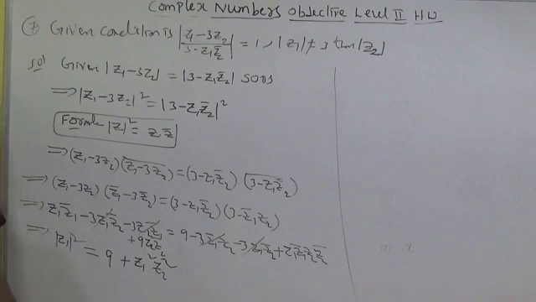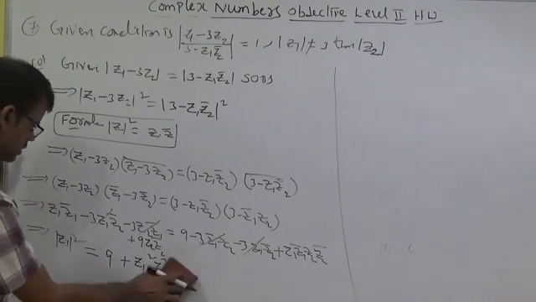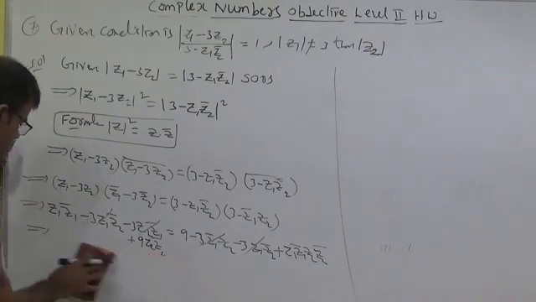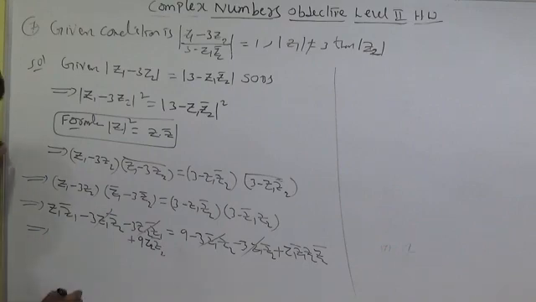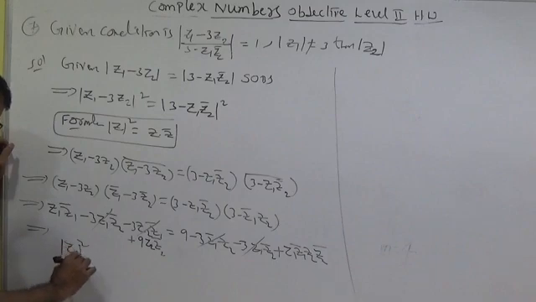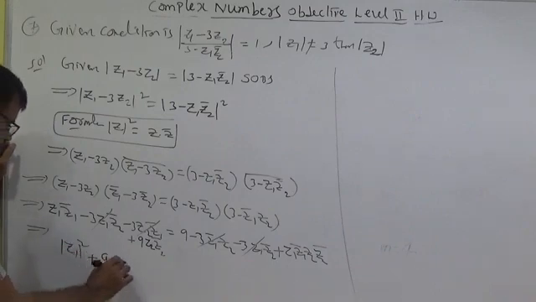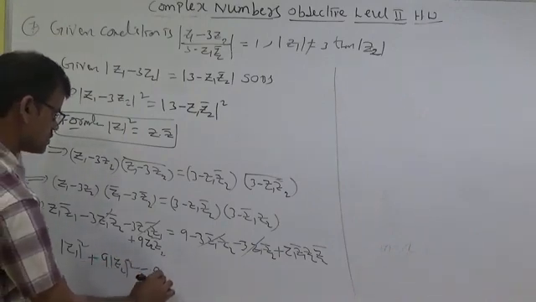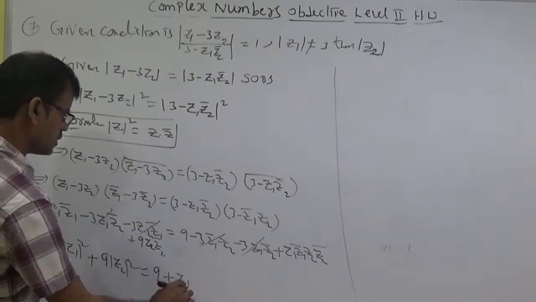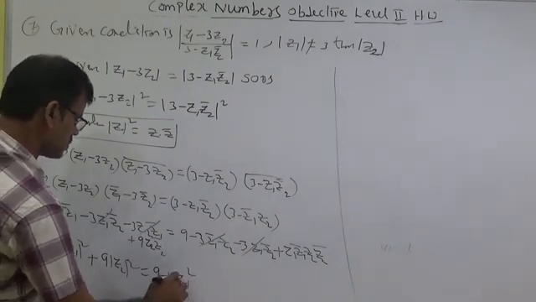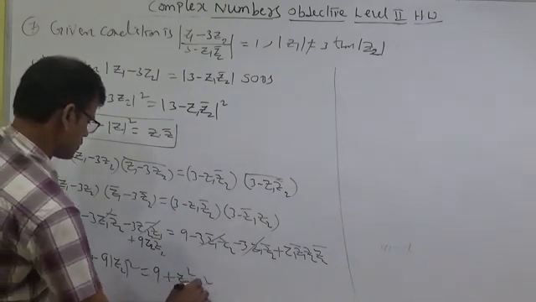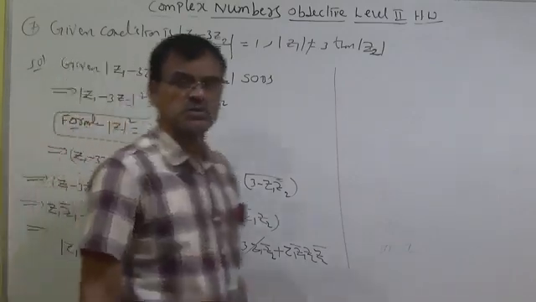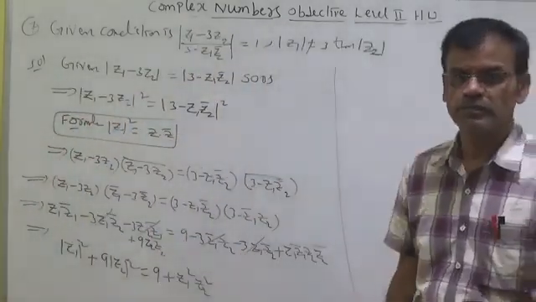So 9 Z2 Z2 bar can be understood as 9 modulus of Z2 square. Z1 Z1 bar is modulus of Z1 square, plus 9 modulus of Z2 square is equal to this, which is also modulus Z1 square into modulus Z2 square.